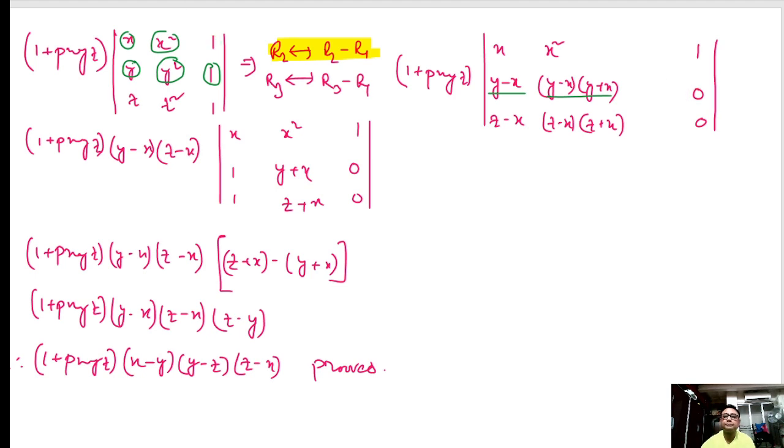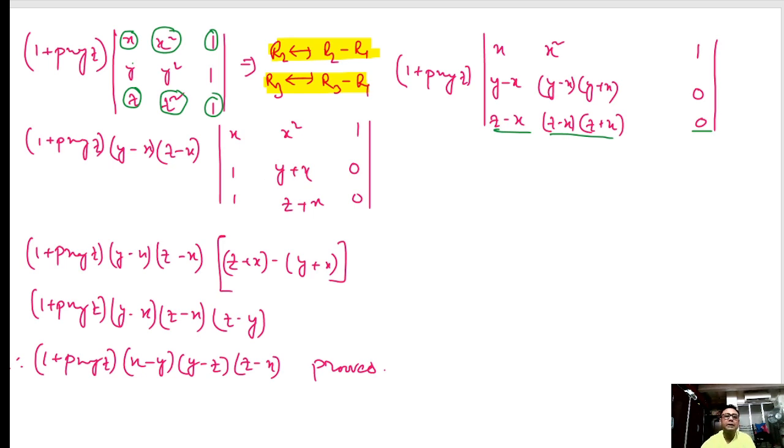Similarly, the second operation is R3 minus R1 and we are putting it in R3. So Z minus X, we will put it in R3. Z square minus X square, we will put it in R3, and 1 minus 1, we will put it in R3. So it comes out to be this.